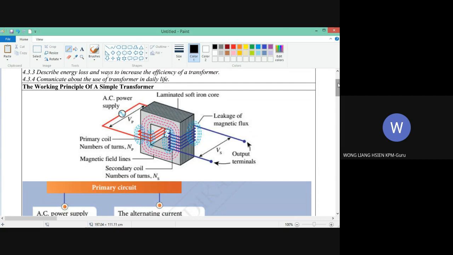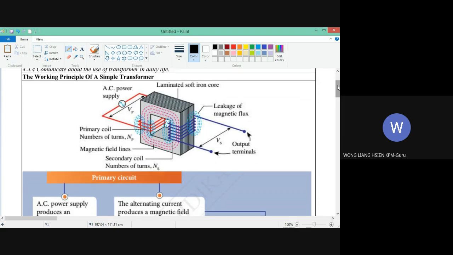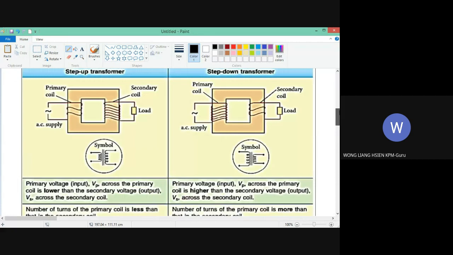So how does it work? This is what we want to learn here. How is it that the transformer can increase or decrease the voltage of alternating current? So we look at the structure of the transformer.